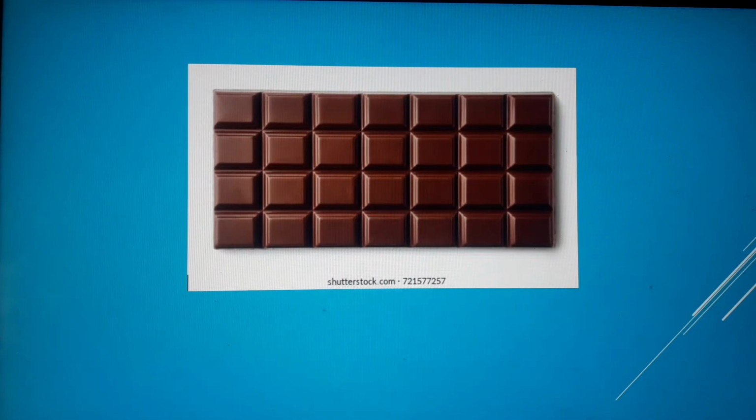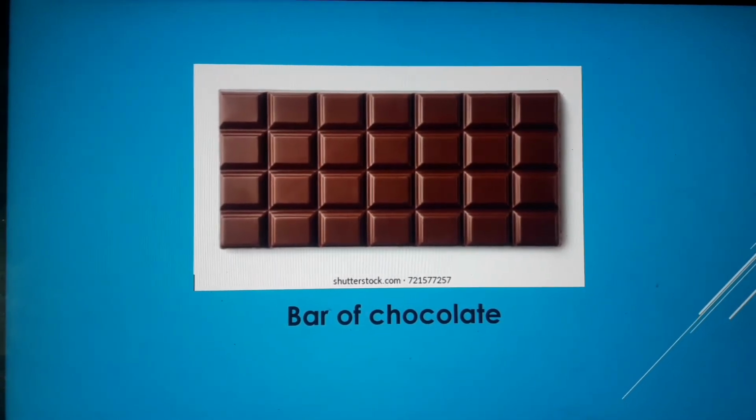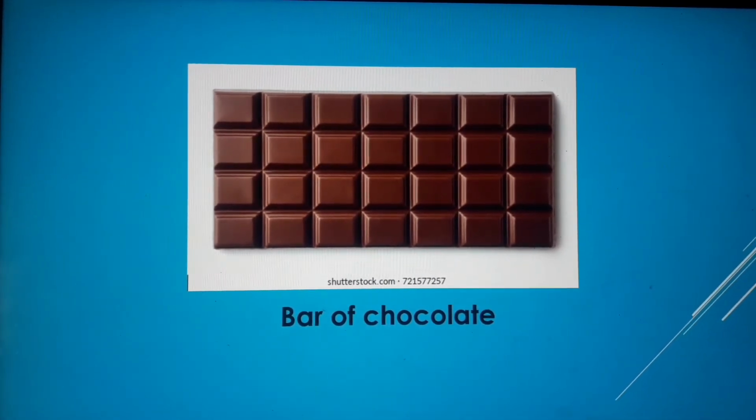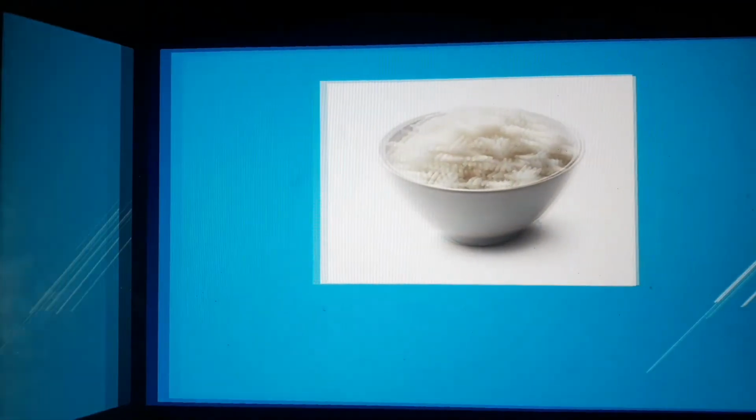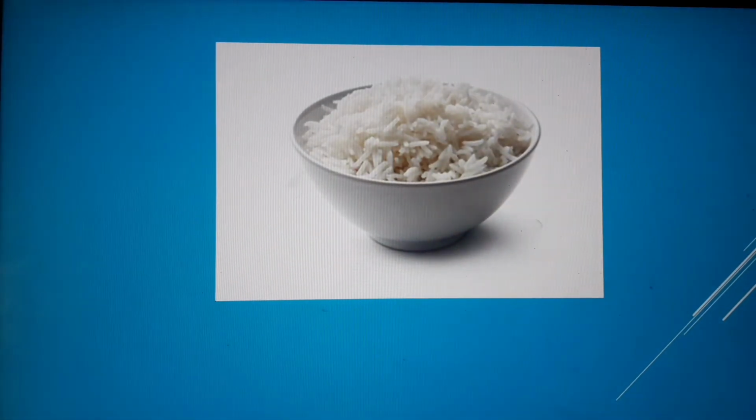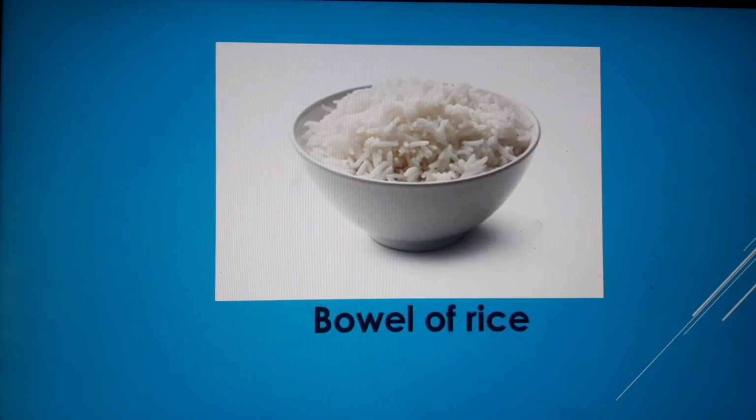There is a piece, a bar of chocolate. When you say, you can say the bar of chocolate. There is some rice in a bowl. So how can you say? Bowl of rice.